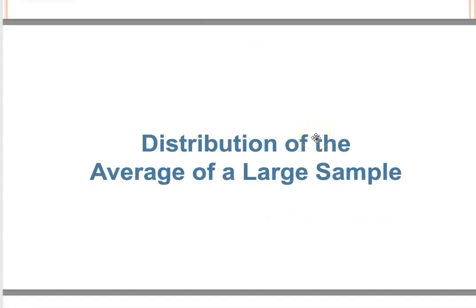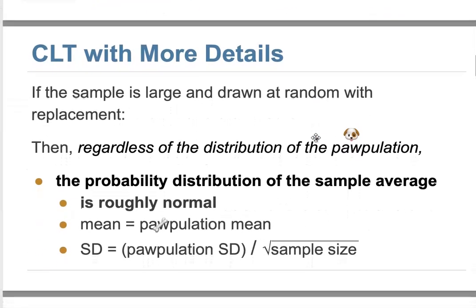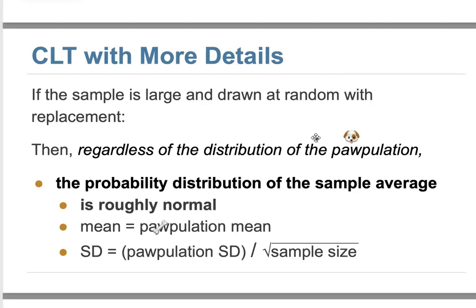So we will continue to look at the distribution of the average of a large sample, to conclude what we learned from the past two lectures about the central limit theorem. So here is the summary. Remember the central limit theorem: the sample size is large and we draw at random with replacement.